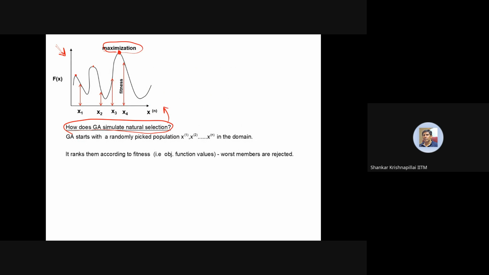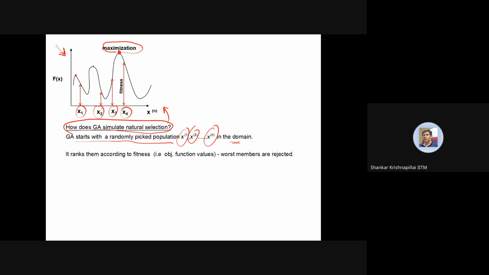First, genetic algorithm starts with a randomly picked population x1, x2, x3 up to xn in the domain. Here we will have x1, x2, x3, x4. So four populations are randomly picked from the x-axis of this objective function.